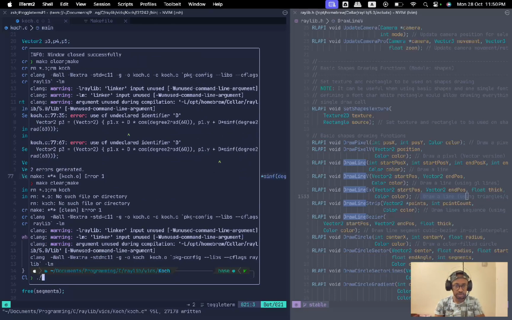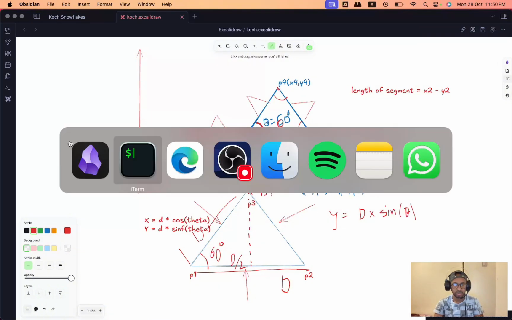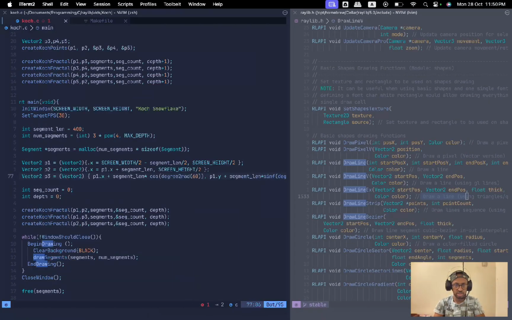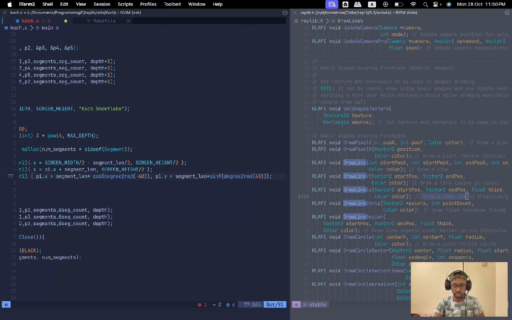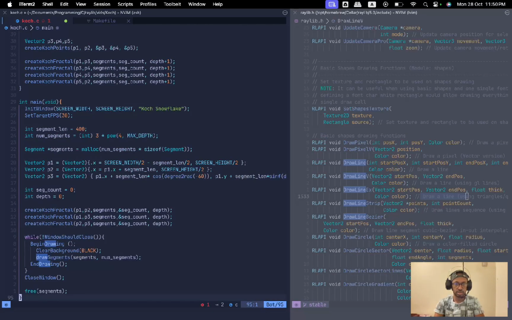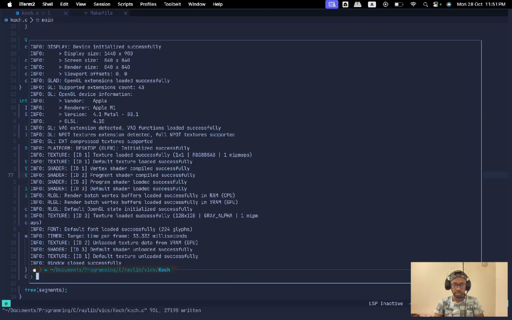Okay, that's upside down. That means I need to change this angle. So this angle needs to be minus 60 degrees. Let me close this. Let's check.